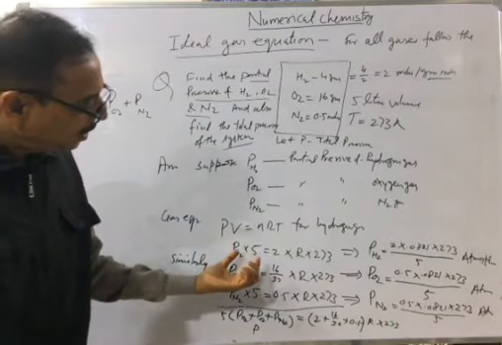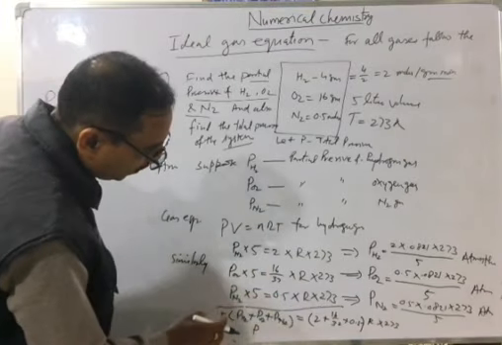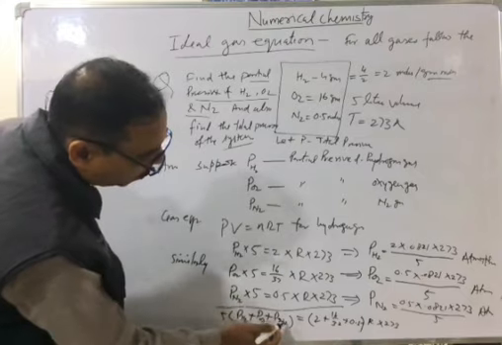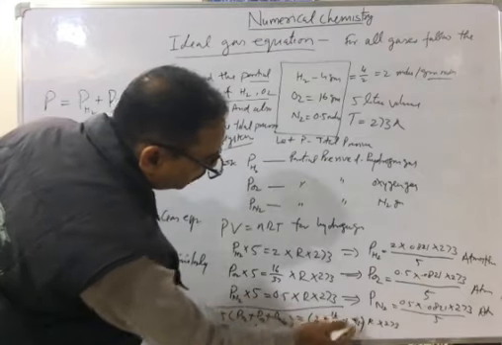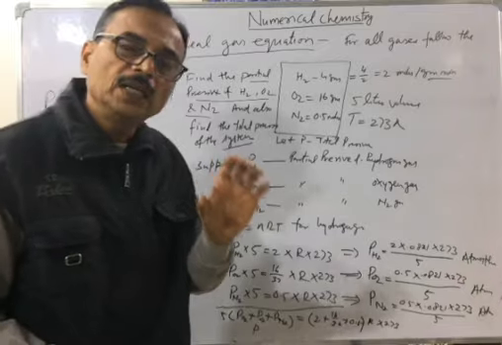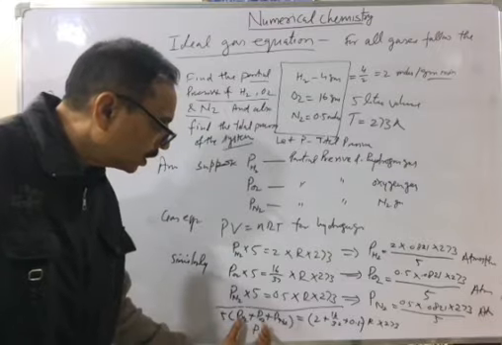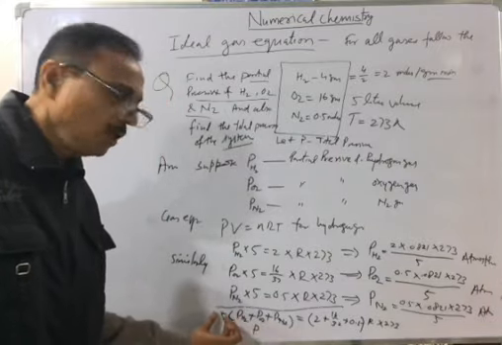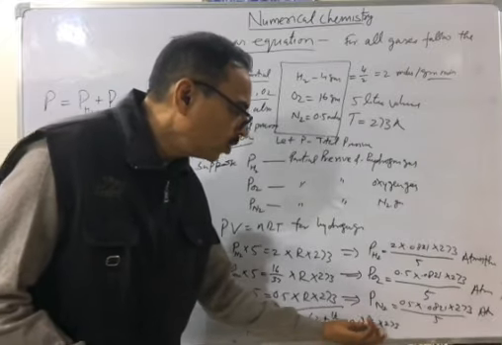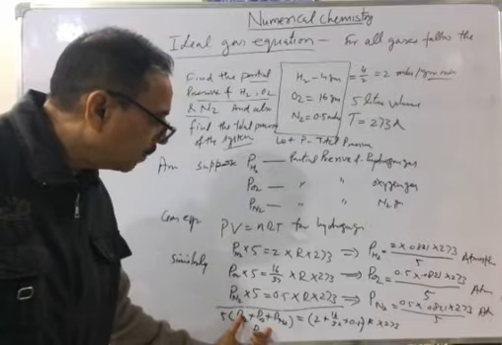But if we see these three partial pressure equations, if we summarize, then 5 take common, PH2 plus PO2 plus PN2 equal to RT take common, this mole plus this mole plus this mole. Or we can say in other words, this is the total pressure, sum of partial pressure into volume, sum of gram moles into RT.